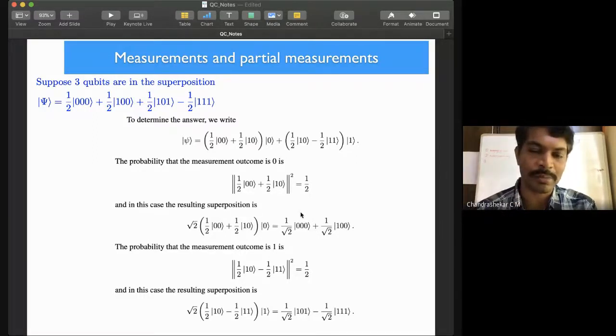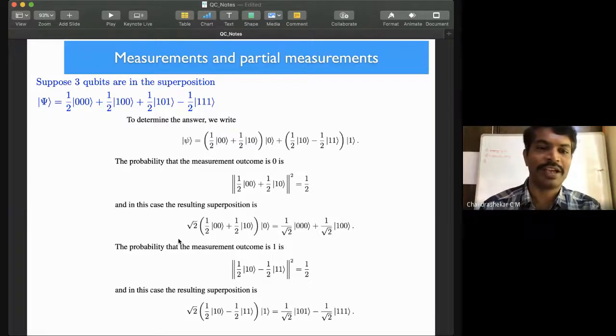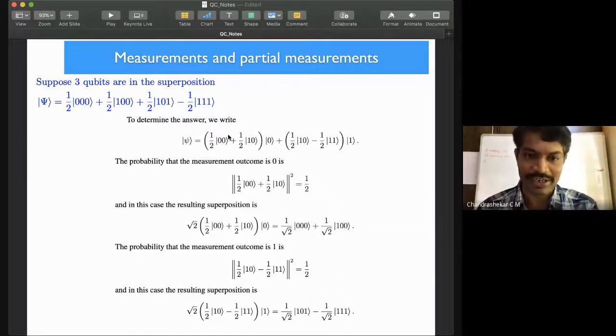Okay, so there's a question which has been asked: why are you getting this √2 term? I think you should take this as a simple exercise. When you make a measurement, as we wrote in yesterday's lecture, you always have to normalize.